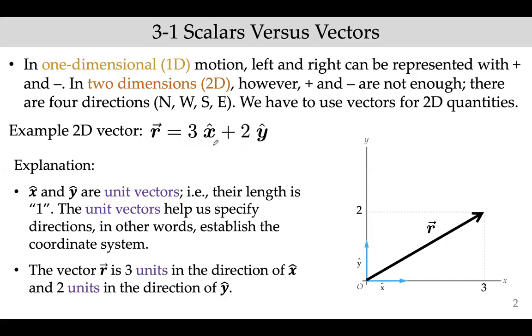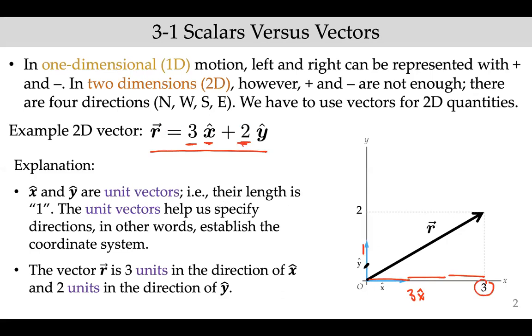If you now consider this equation again, it says our vector is 3 units in the x direction. So this is 1 x, this is the second x, and this is the third x. So our vector is 3x, basically it comes all the way to 3, and it's 2 units in the y direction.